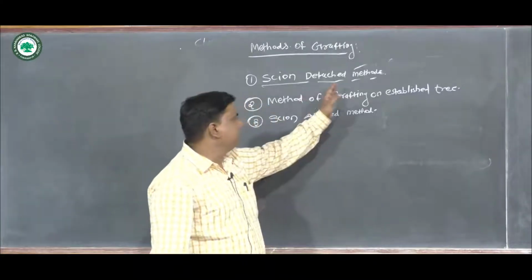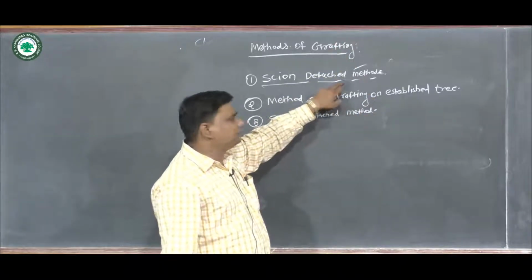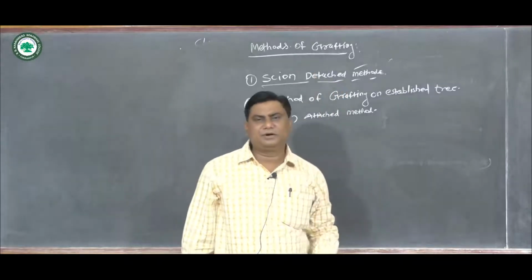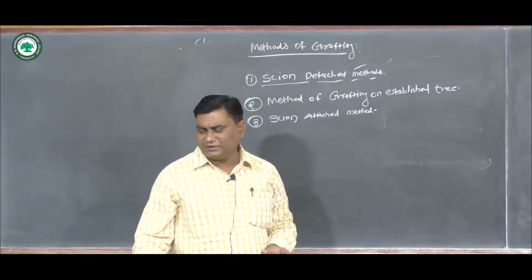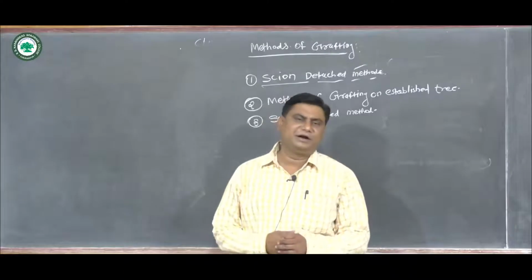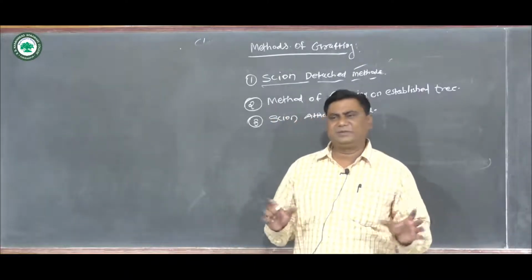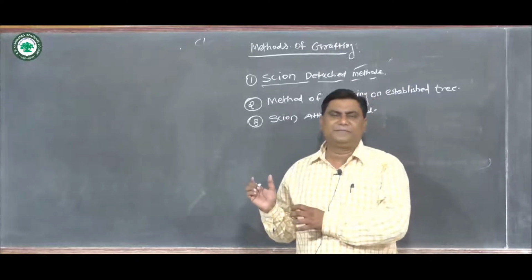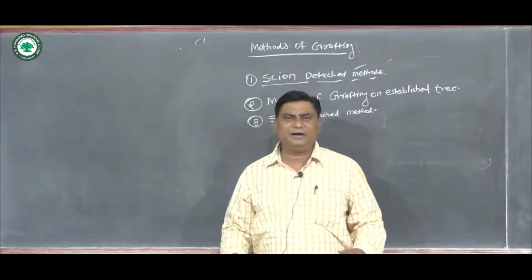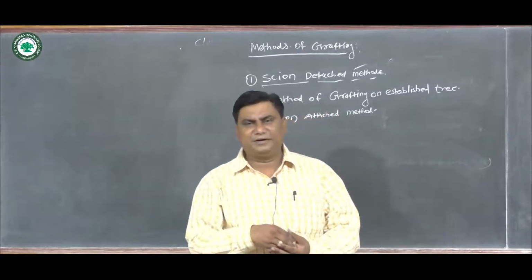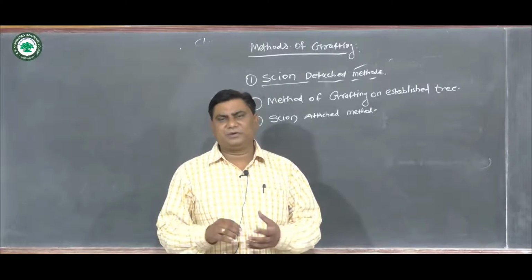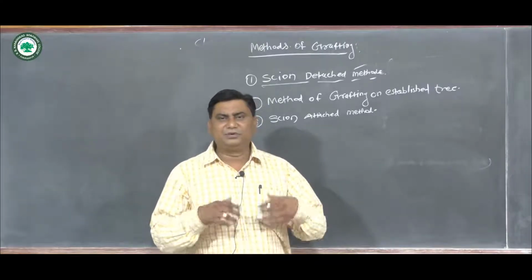Simply, the scion is detached from the mother plant and inserted into the stalk, so that the union takes place and the combination continues to grow. Very simple, as I told you in the definition of grafting. This is the principle followed in this method.